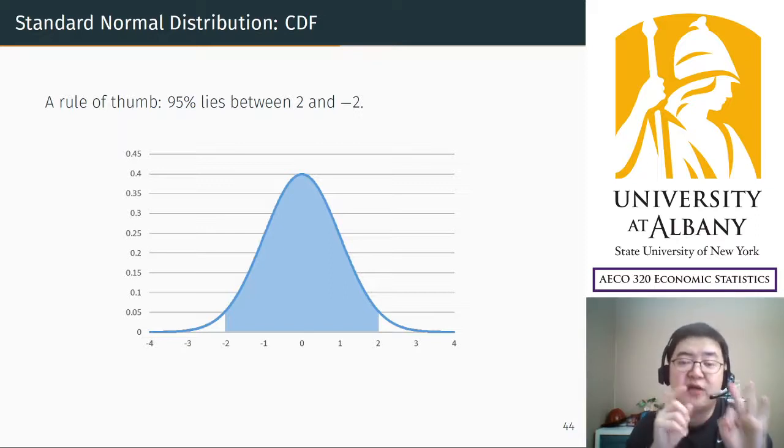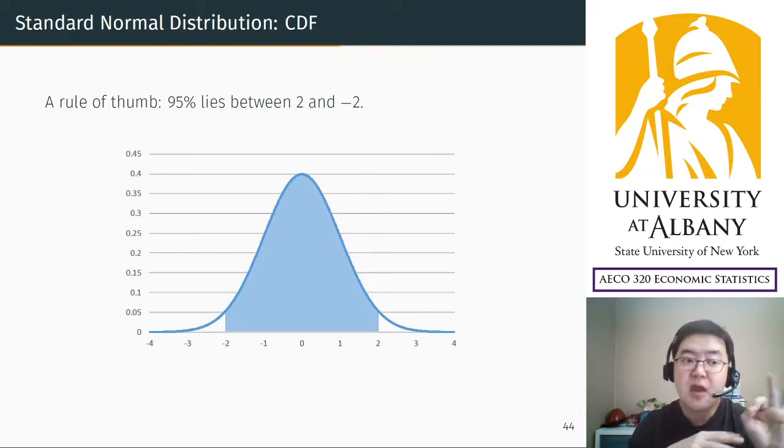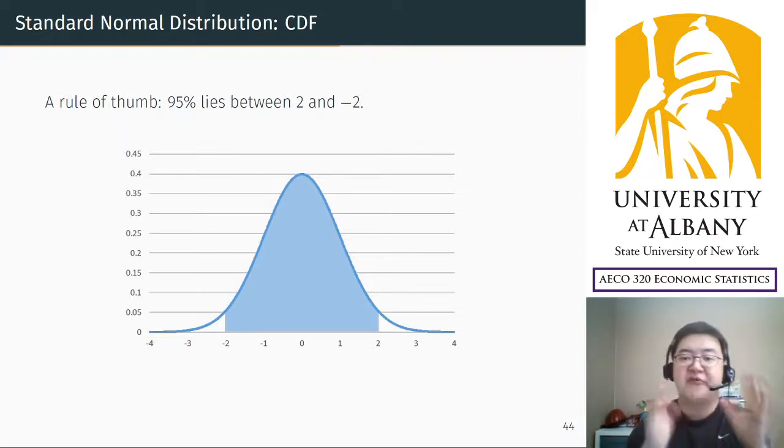Also, we can calculate the probability between 2 points using the difference between CDFs. So we can calculate any probability. You can make the probability inequality more complicated, but still it's just a combination of those. So the CDF contains all the available information about the distribution. So CDF is everything.